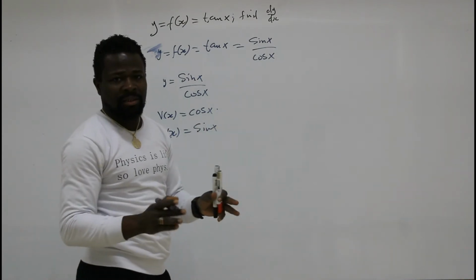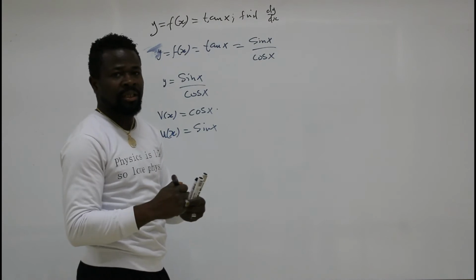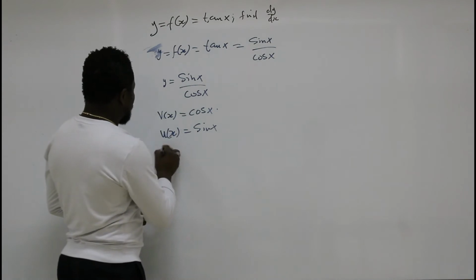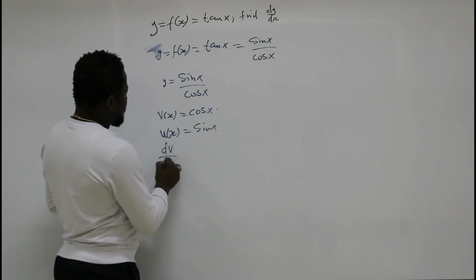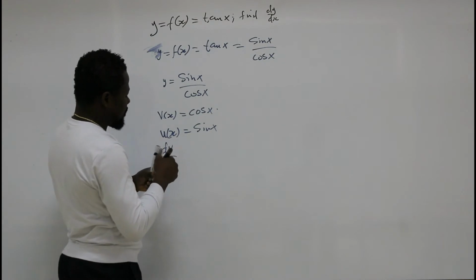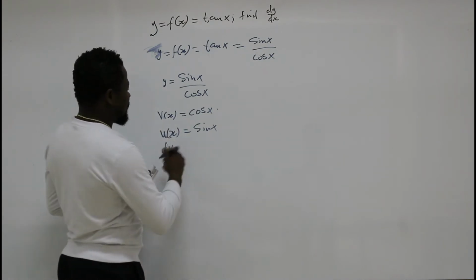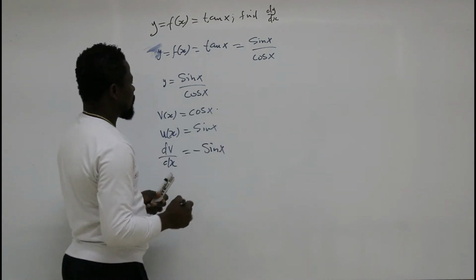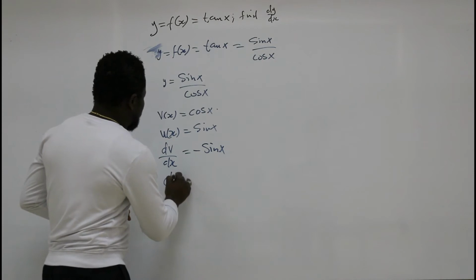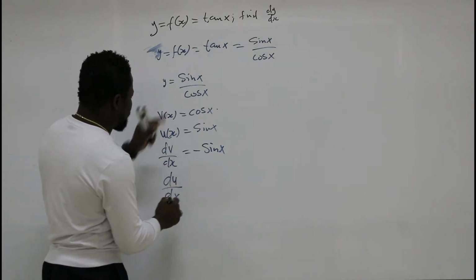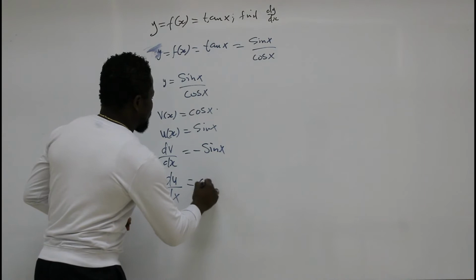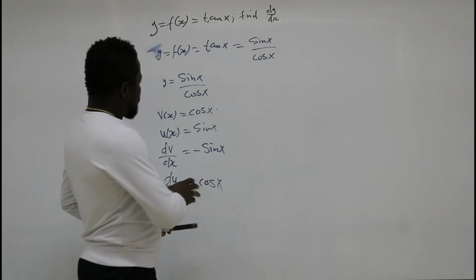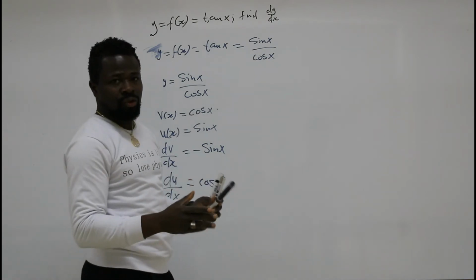Once I have this, the next thing to do is take the derivative of each of these functions. dv/dx, differentiating v with respect to x, gives me negative sine x. And du/dx, differentiating u with respect to x, gives me cos x. Now I can apply the quotient rule.